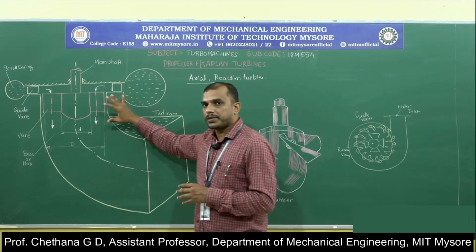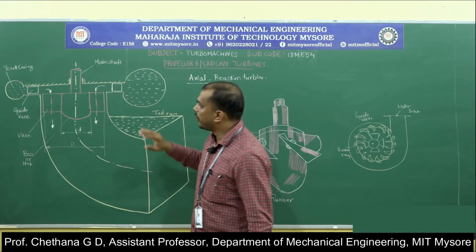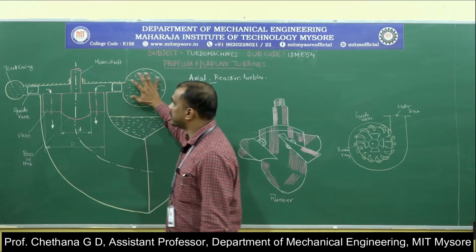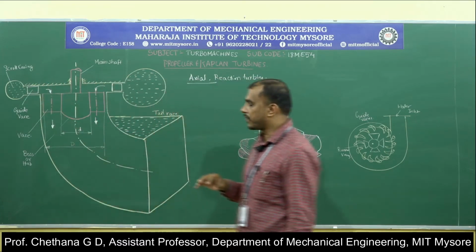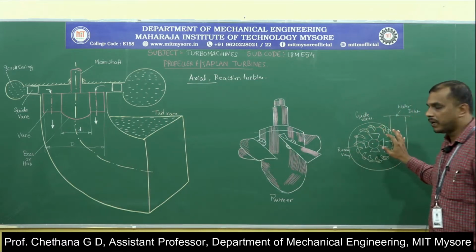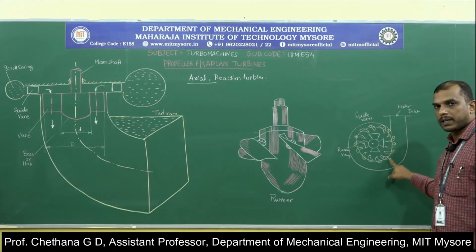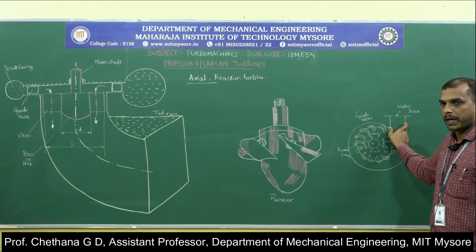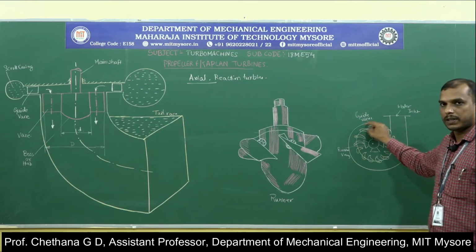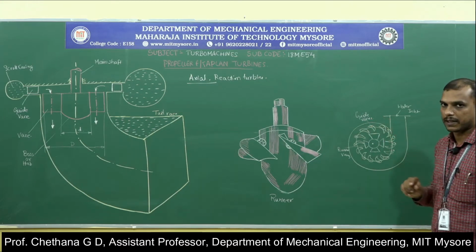This is a modification of the Francis turbine, where you can see the scroll casing. This is the cut section, of course. You can see in the top view where the water will be entering here. Here the diameter will be higher, and as you go along the diameter will be lesser.